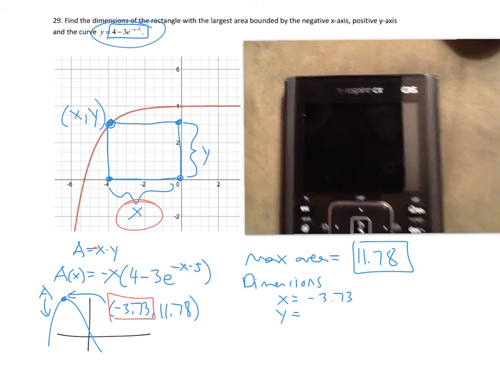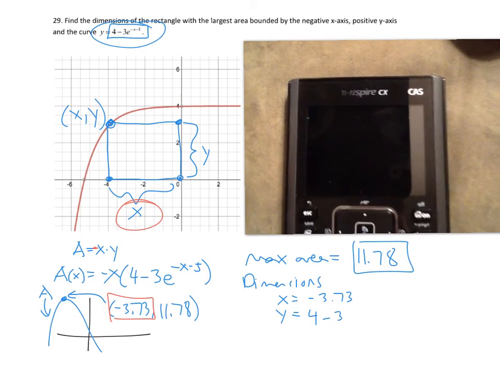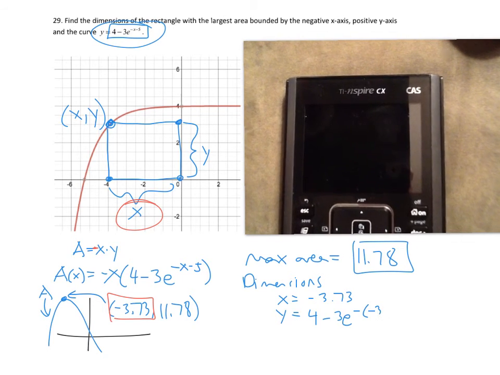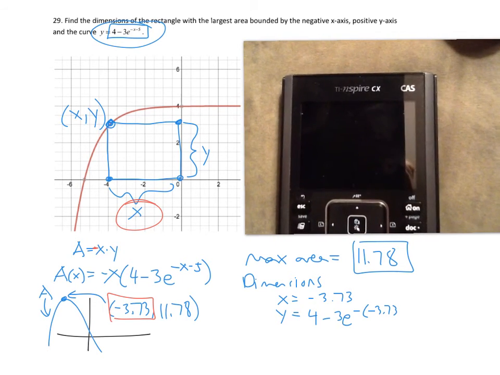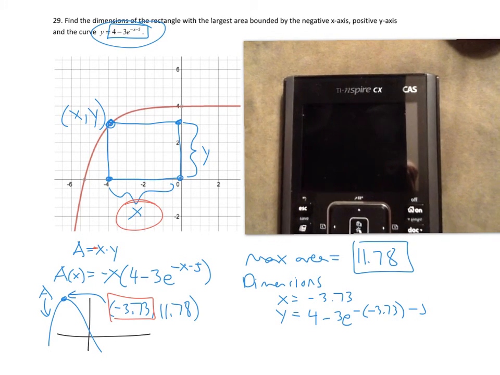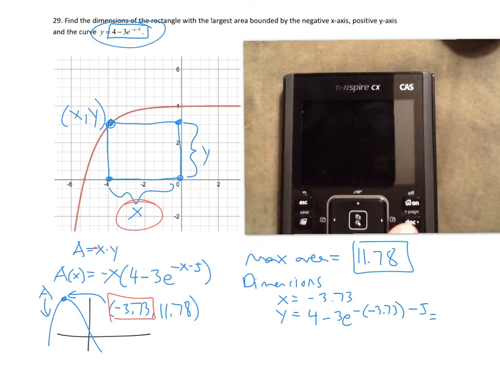So for the y coordinate, we do 4 minus 3e to the negative, and then I plug in negative 3.73 minus 5. And we plug that in our calculator.